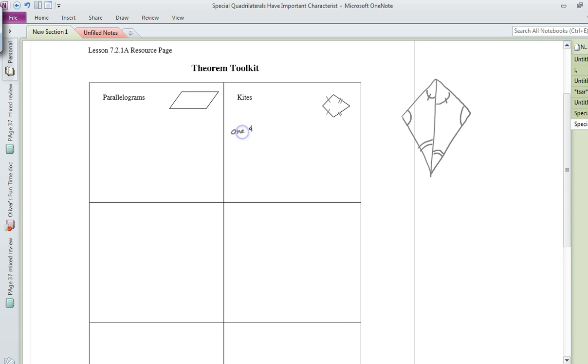One diagonal bisects two pairs of opposite angles. And please be writing this information down in a box in your notes that has a diagram of a kite.